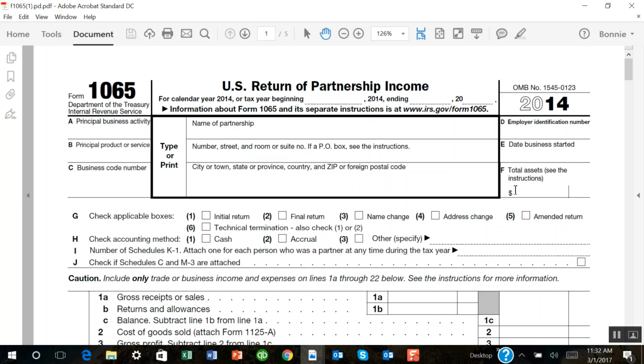So that's pretty easy. Now, if this were the initial return or the final return, you would check one of those boxes. Also, if they had a name change or an address change during the year, you would check the applicable box. In some cases, you might be amending the return.